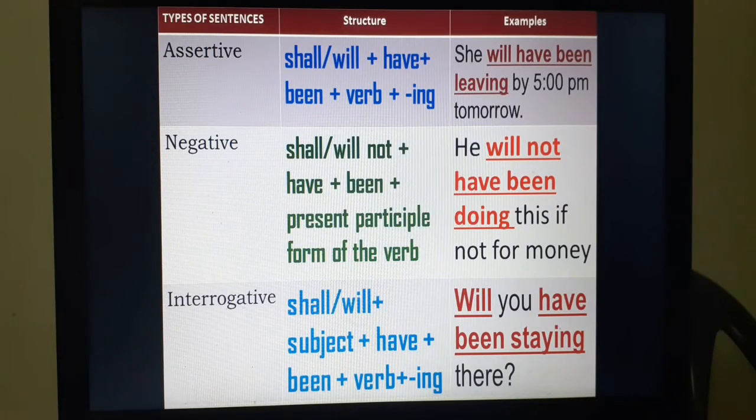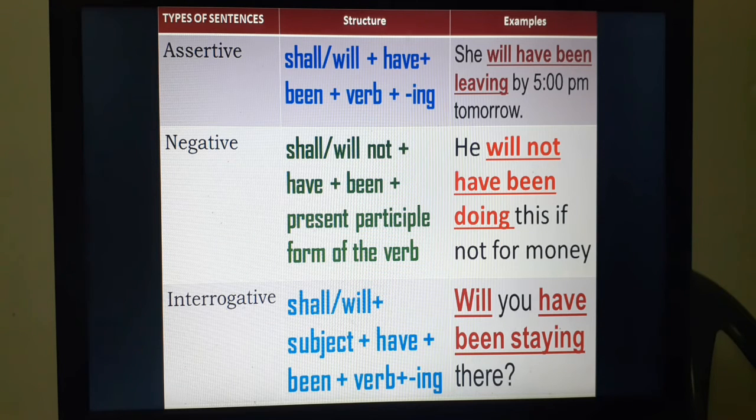Here goes the structure for future perfect continuous tense in assertive, negative and interrogative sentences. In assertive sentence, the structure is shall or will plus have plus been plus verb plus ing. Example, she will have been leaving by 5 p.m. tomorrow.